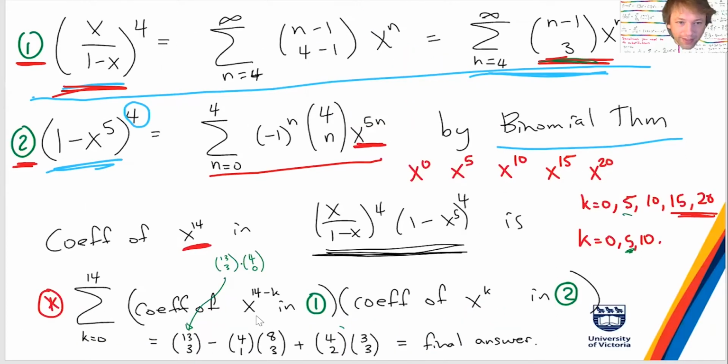It's this thing in the first one, and x to the 14 minus k here, and x to the k, and we add those all up. Okay, but thanks for asking that question. I think it's probably the case that people won't have remembered that from last time.